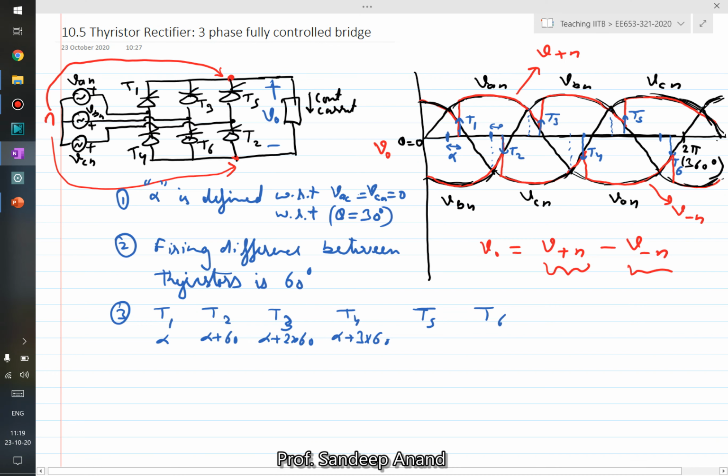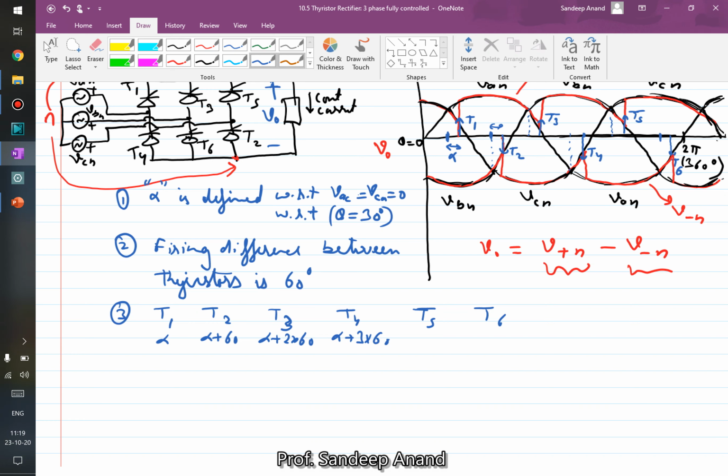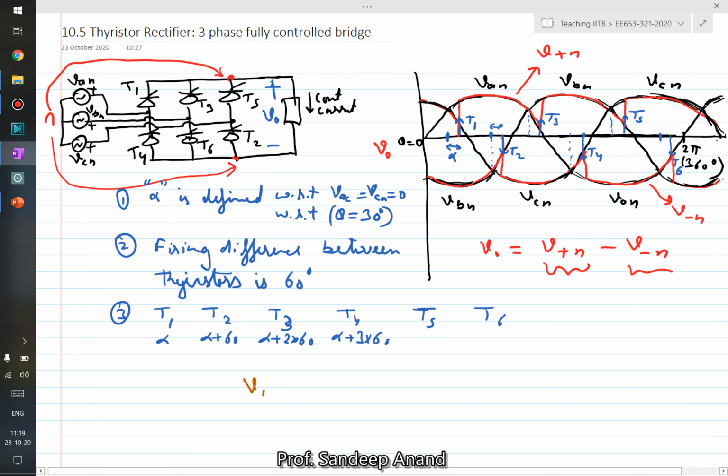Now let us further move and try to find the average output voltage expression. In this case, as you understand, everything is symmetric, so you can find the average over 30 degrees, or over 60 degrees, or over 120 degrees, or even for the full 2 pi, 360 degrees.